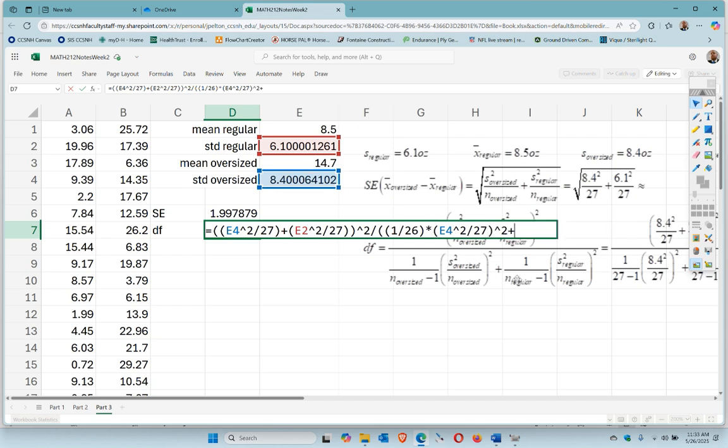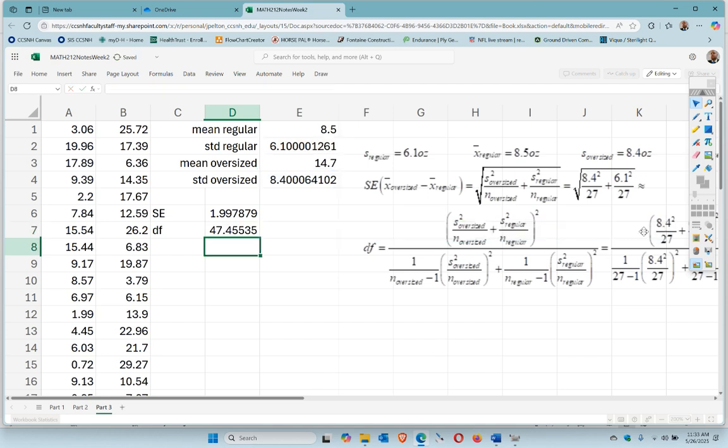Then we have the second part over here, again 1 divided by 26, times the regular squared divided by 27, and then that piece is squared, and then close paren for the entire denominator. See how that lights up when you click on it, beginning and end, so you know the whole denominator's in there. Okay, so that is my degrees of freedom essentially.